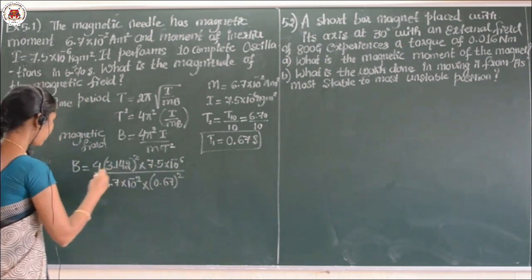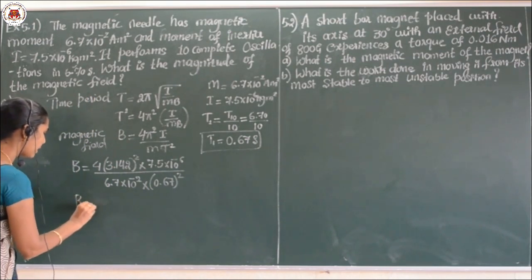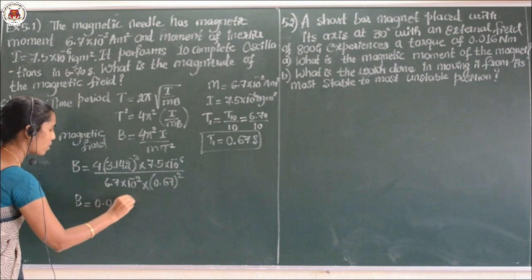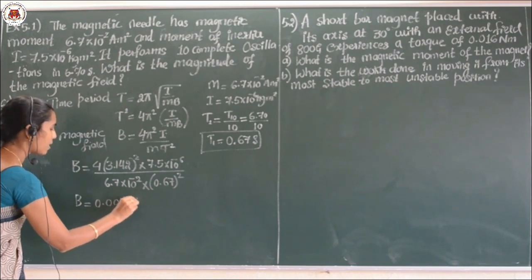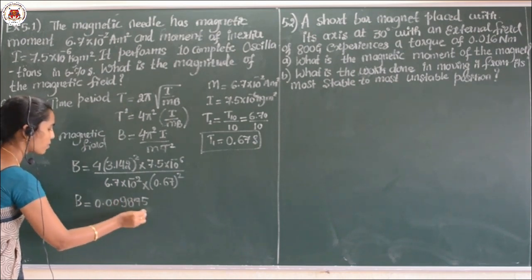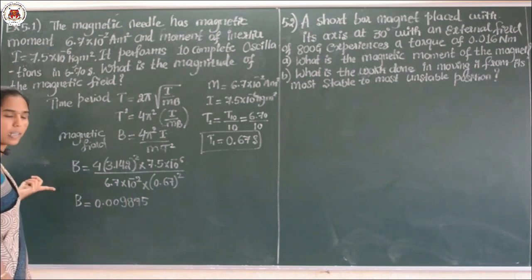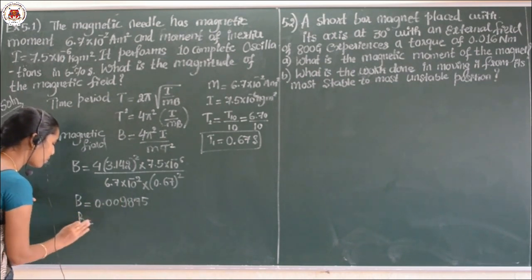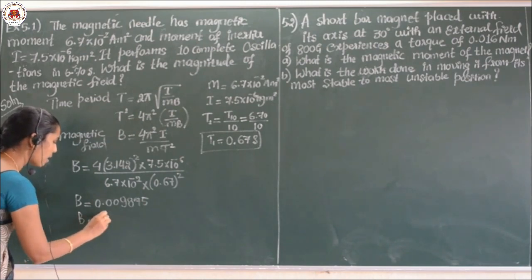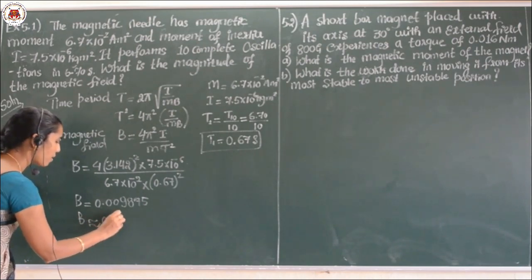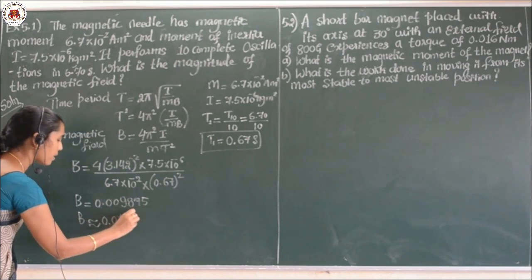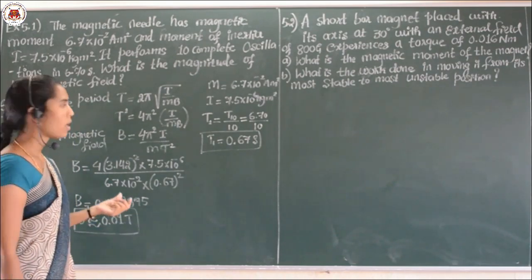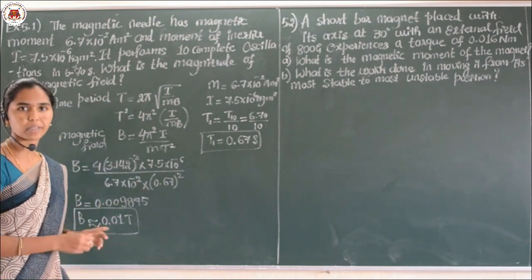After simplification you will get the answer, approximately 0.009875. Then if you simplify and keep the approximate value, you will get 0.01 Tesla. This is the magnetic field value I get from this numerical.